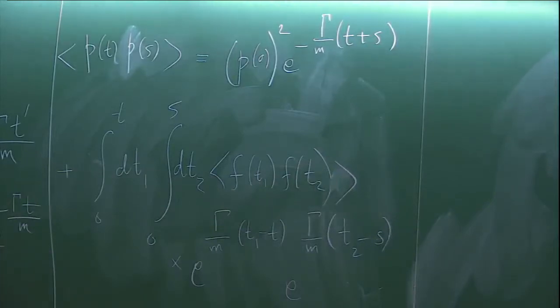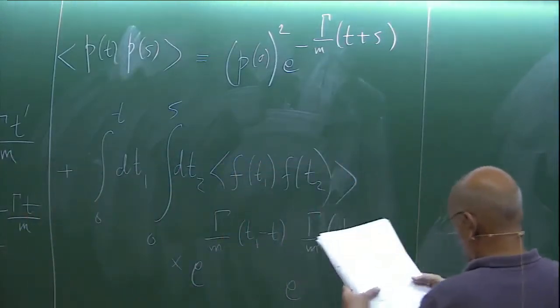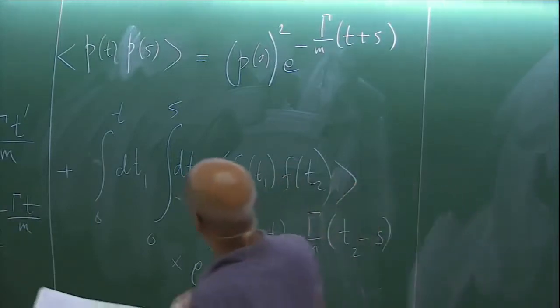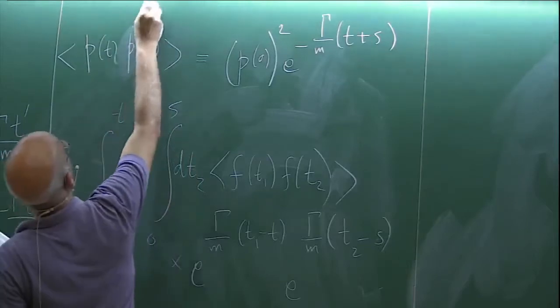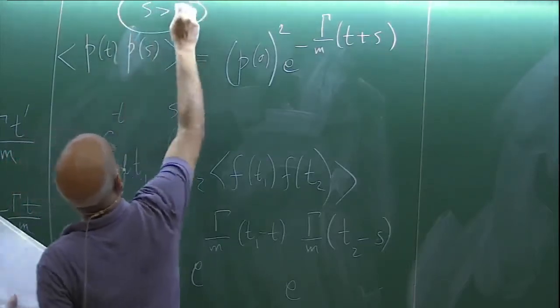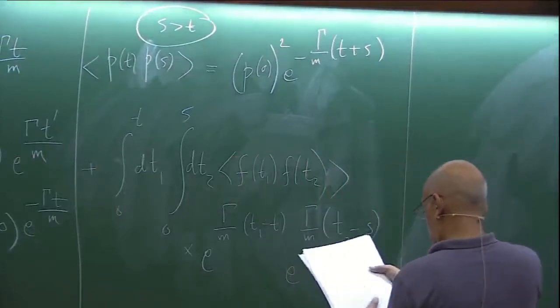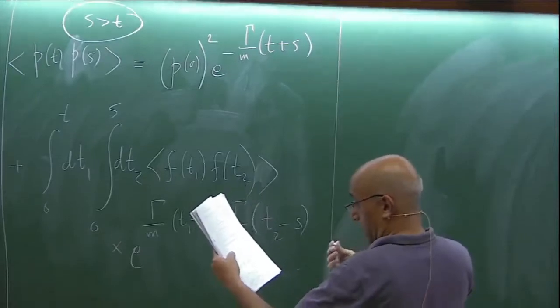A delta of t, right? Just to do a little bit of elementary algebra on this. And without loss of generality, I always want to say that, let's take s greater than t. Okay. All right. Let me actually write this.